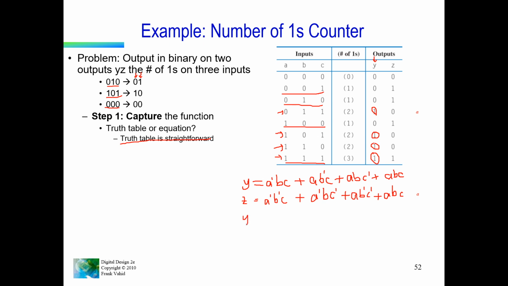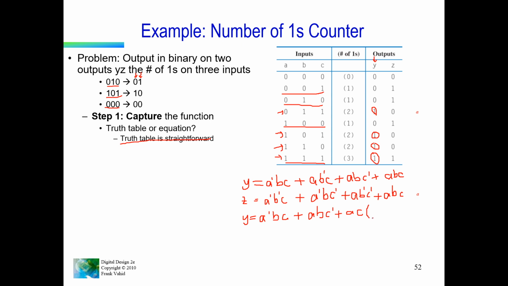So instead of Y, I can write A prime BC, or A B C prime, or these two terms remained, so I can write them in AC parentheses.